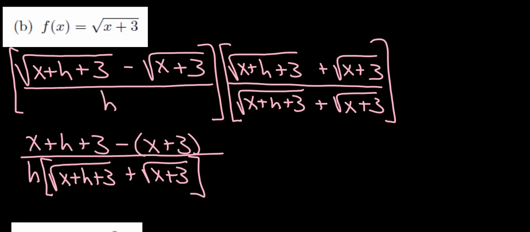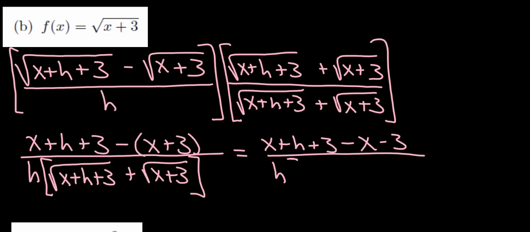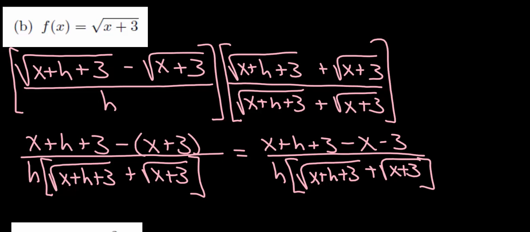And our trick worked because you notice lots of things start to cancel. We've got x plus h plus 3, but when we drop the parentheses, we've got minus x minus 3. There we go. And things cancel here. Look at this.